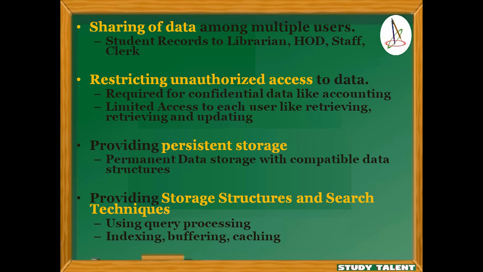Buffering and caching provide the fastest search for our DBMS and our query processing. So in this way, with the help of query processing, indexing, buffering and caching, we can easily search for data that is relevant to our information. So that is our storage structures and searching techniques.